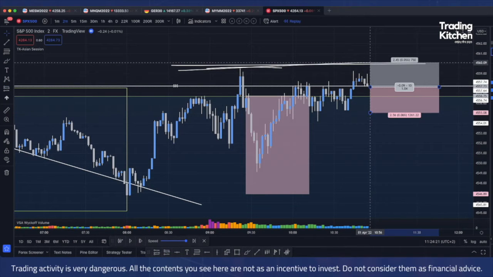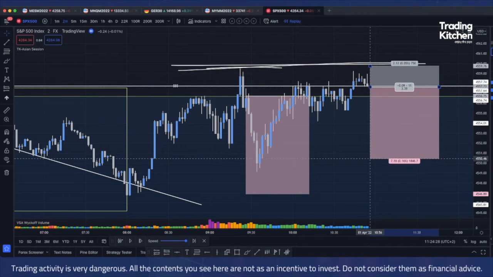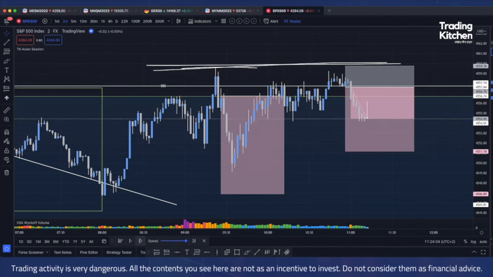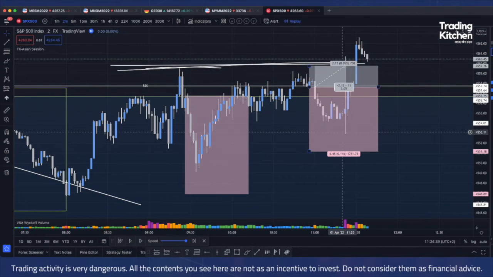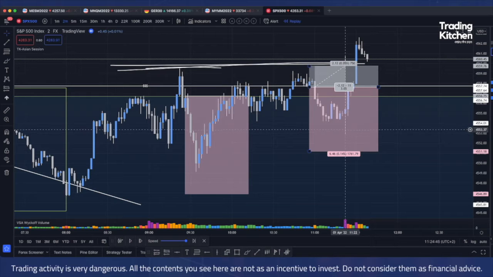Okay, stop loss just a few pips above the high here, and risk reward 1 to 3. Okay, and whoa, this is something strange. Because we are at 11 in the morning, so there is no reason for this kind of movement.